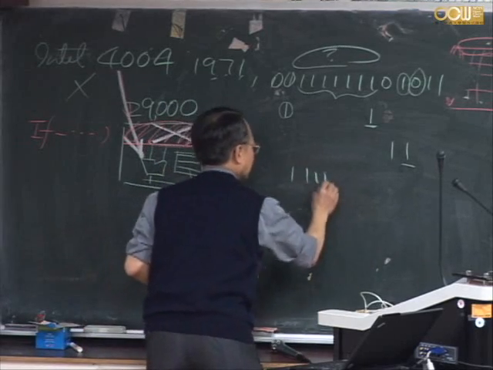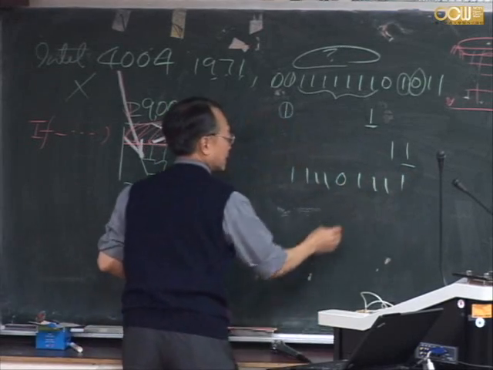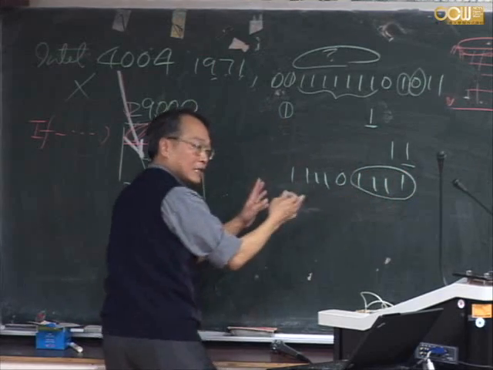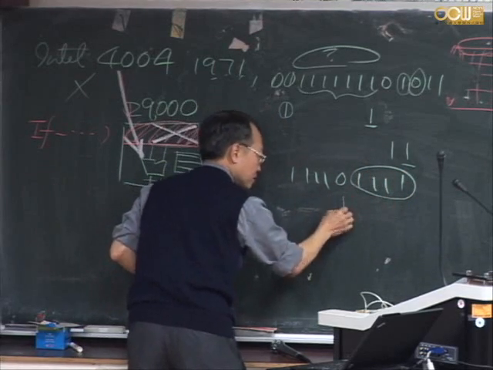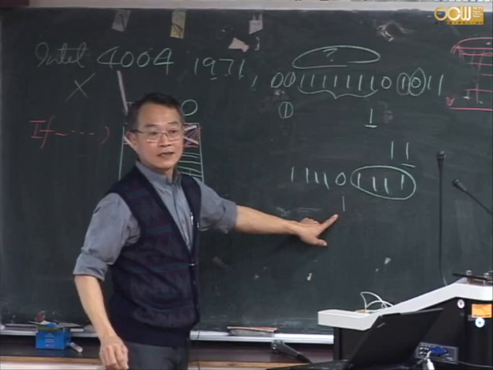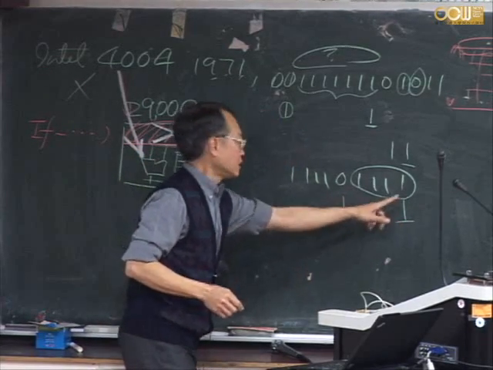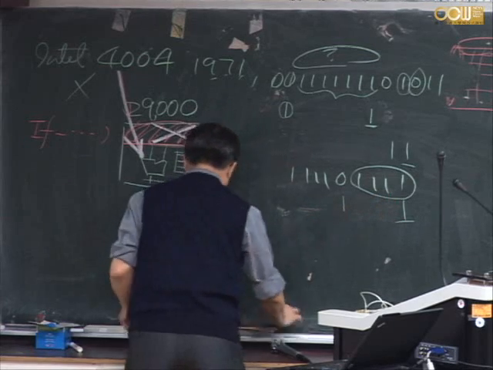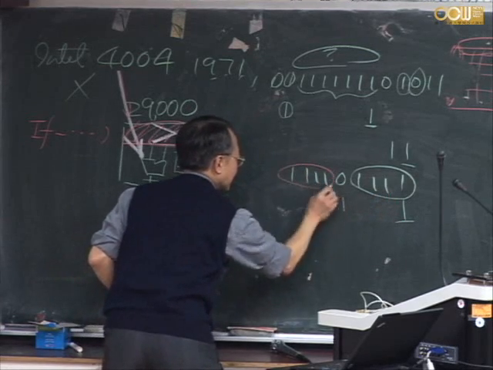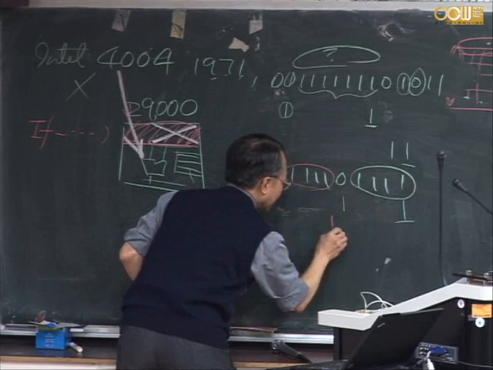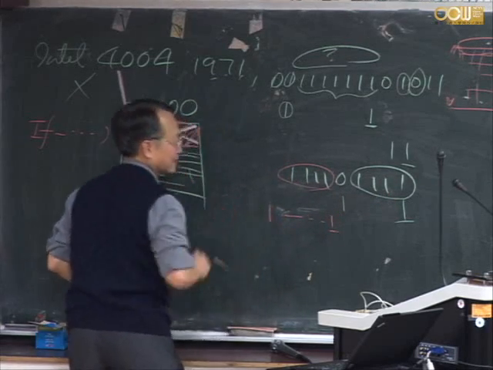If you have this, then this string will produce a 1 here. Okay, let's ignore this minus 1. This string will produce a 1 here. And then this string will produce a minus 1 here. Right?